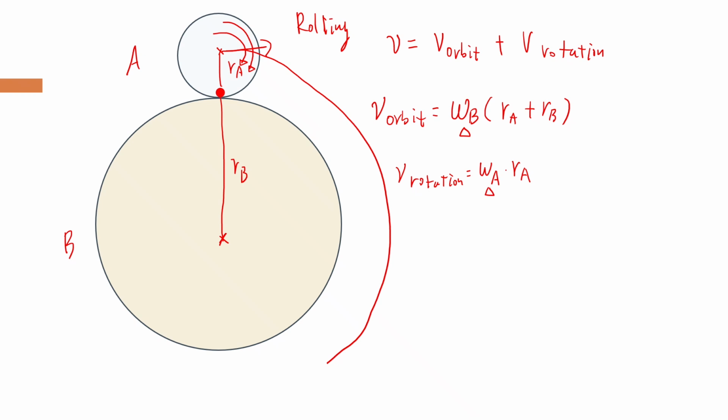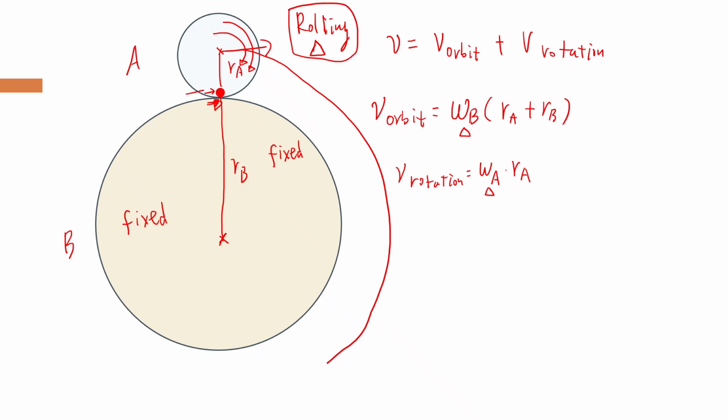And now here comes a very important thing about rolling. For rolling, the contact point of A and the contact point of B should not move relatively. And we know circle B is fixed, so all the points on circle B should be fixed, which is also true for this contact point with circle A. If there is pure rolling, that means there is no slipping.